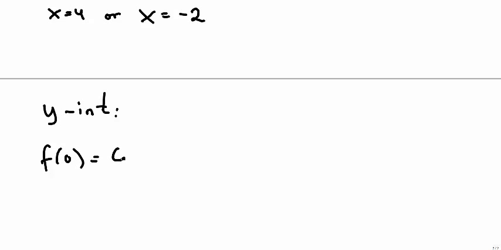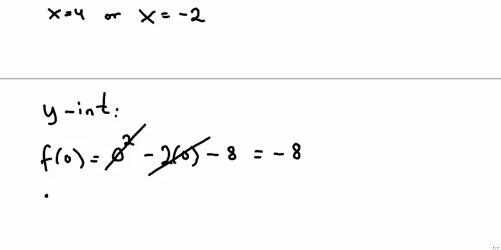It's going to be 0 squared minus 2 times, and I'm going to write it within brackets, 0, and then minus 8. And this is of course 0, this is of course 0, so we're left with minus 8. So the coordinates for the y-intercept would be x value equal to 0, y value equal to minus 8.